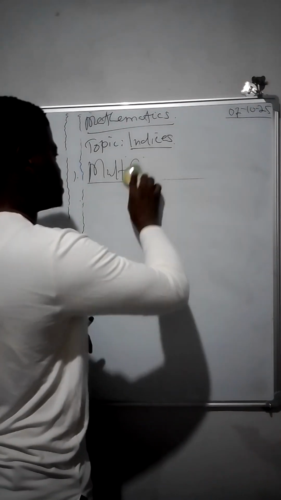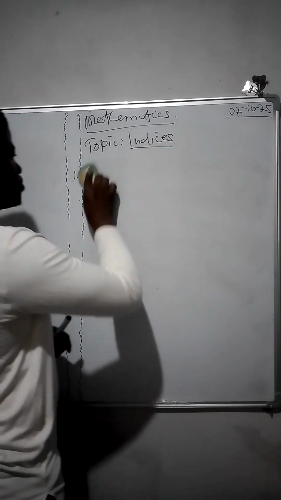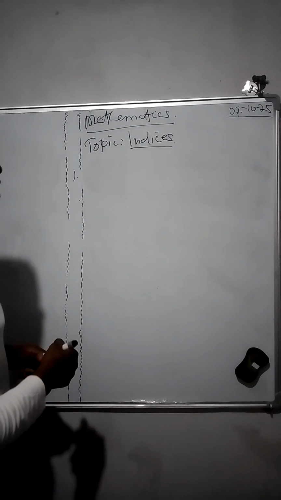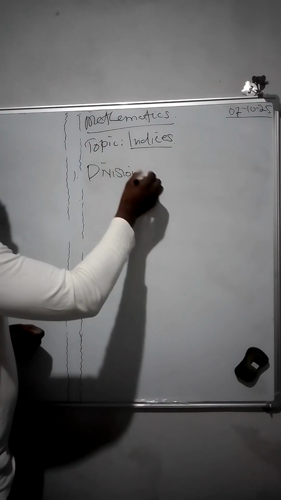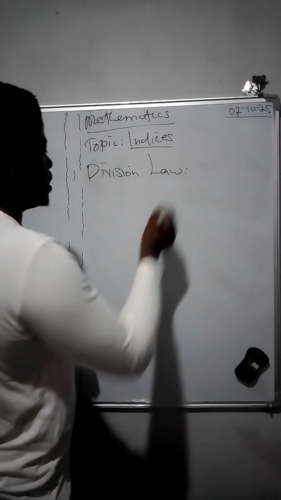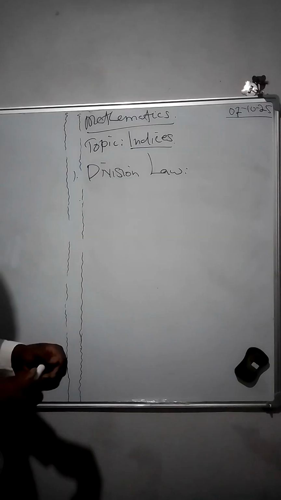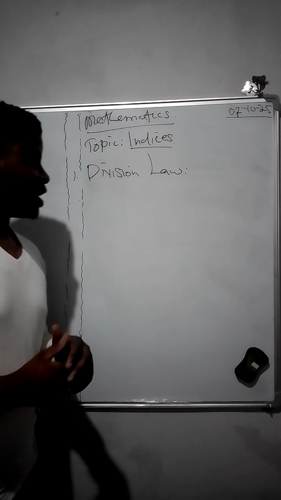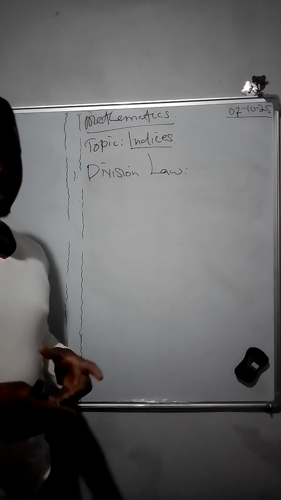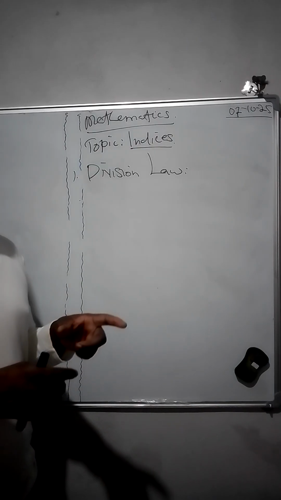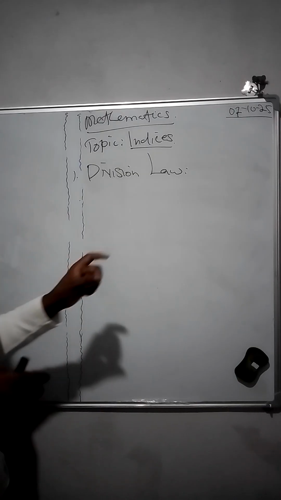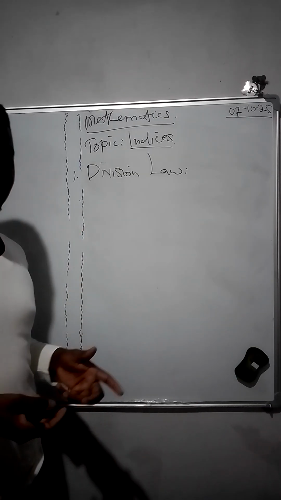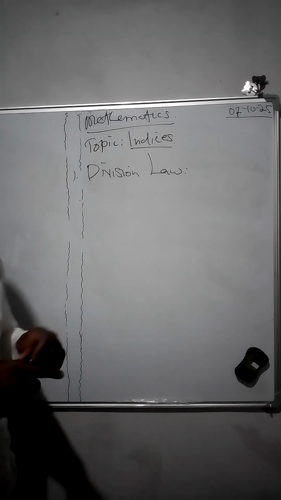Then, apart from the multiplication law, we have the second law, which is the division law. This division law states that if you are dividing the same bases which have different powers, you subtract the powers and pick one of the bases.